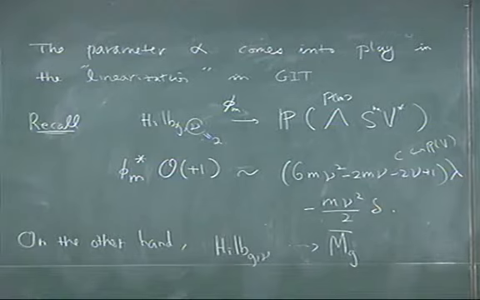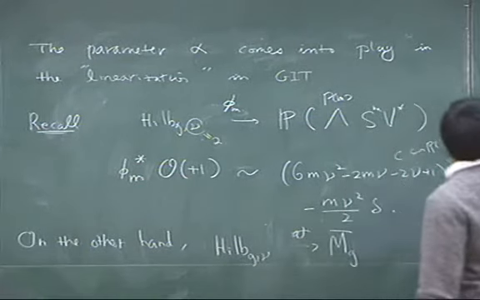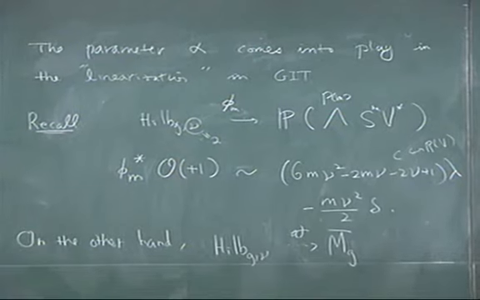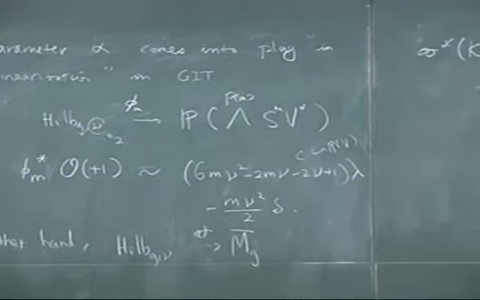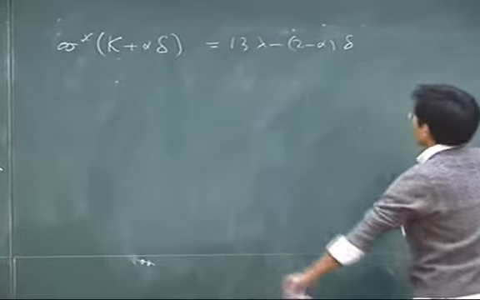Then if you pull back K plus alpha delta, then it is equal to 13 lambda minus (2 minus alpha) delta, right?